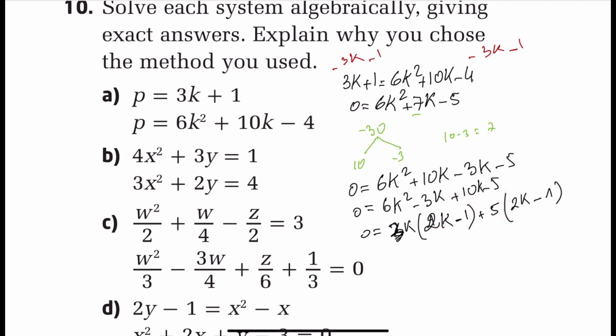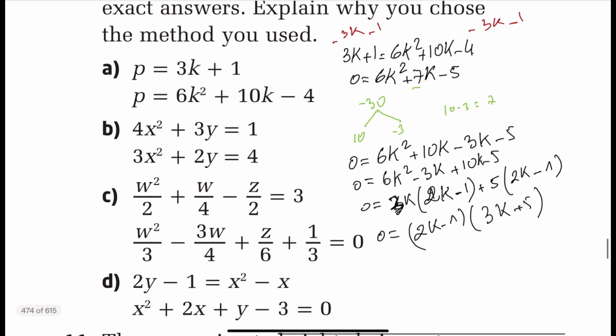So I will just simplify that: 2k minus 1 times 3k plus 5. So I just got the factorization of my equation. So my solutions are k is equal to a half or k is equal to minus 5 over 3.